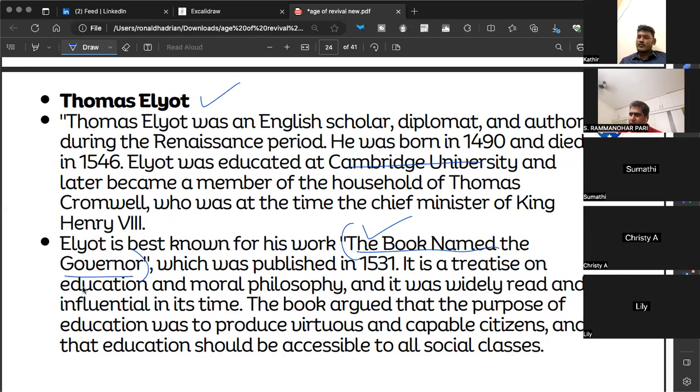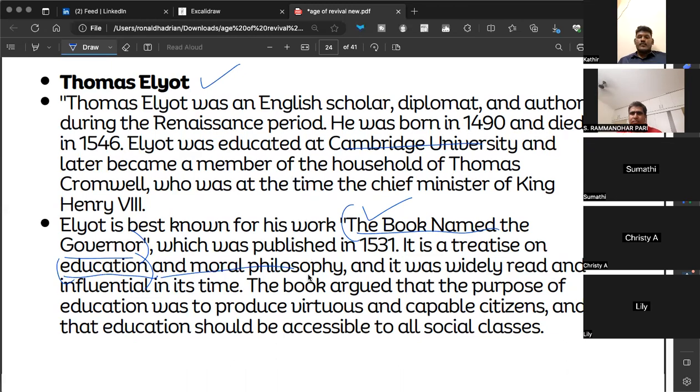Okay. And see, previously somebody talked about a lot of education stuff. Who was that person? Roger Ascham. His idea of education was what? Should be individual, natural learning. Learning should be fun. So it was an influential book, The Governor.